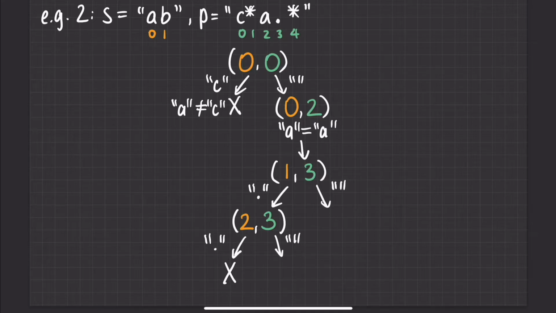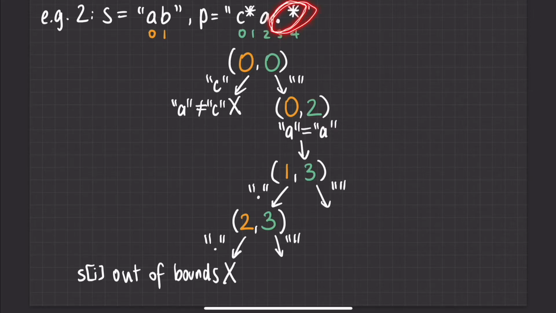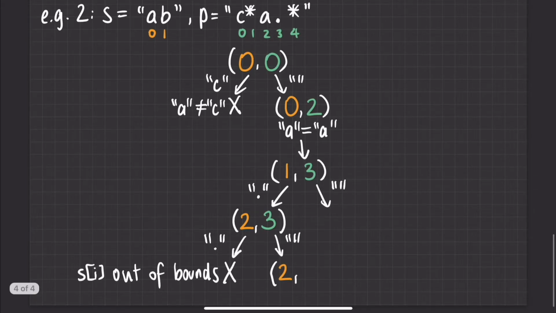So no, we return false since S[I] is out of bounds. But what if we just treat this as an empty string now? So we're done using the periods. Well, then what happens is that we will move forward to 2 and 4.